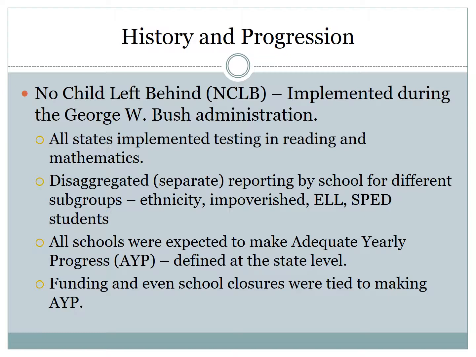Funding and even school closures were tied to making AYP. So, for example, if a school didn't hit their targets in AYP for 3 years in a row, usually the state would send in money, usually provided by the federal government. Part of that was provided by the feds, and try to improve the school. And then if it didn't improve over time, they would shut the school.